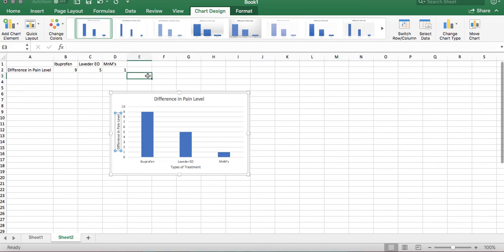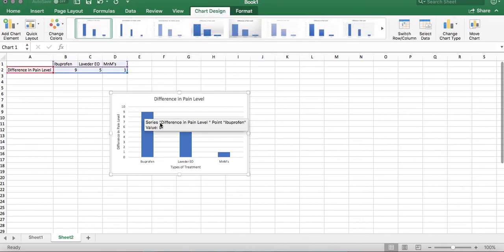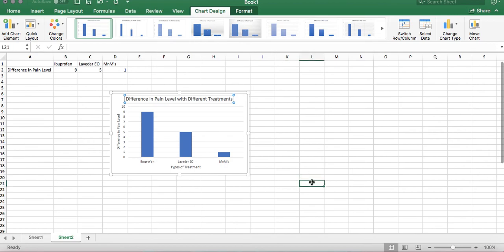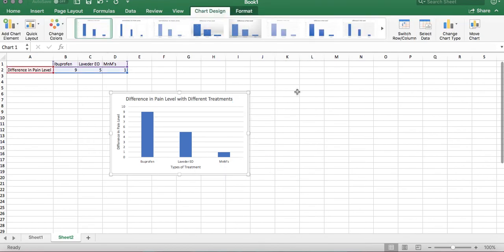But for this graph, we don't need it. That's a hint right there that you might need to put some units in your graph. We would also want to change the title. So this might be difference in pain level with different treatments so that the reader knows overall what they're comparing in this graph. So this is how you make a graph.